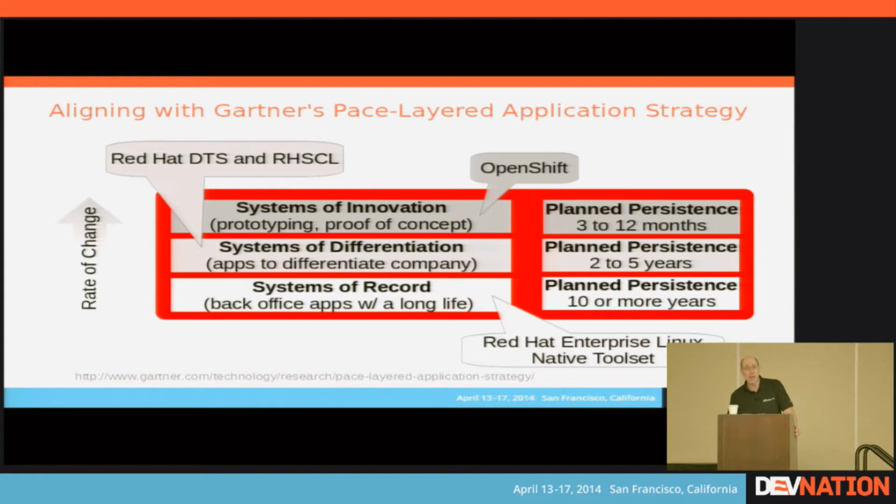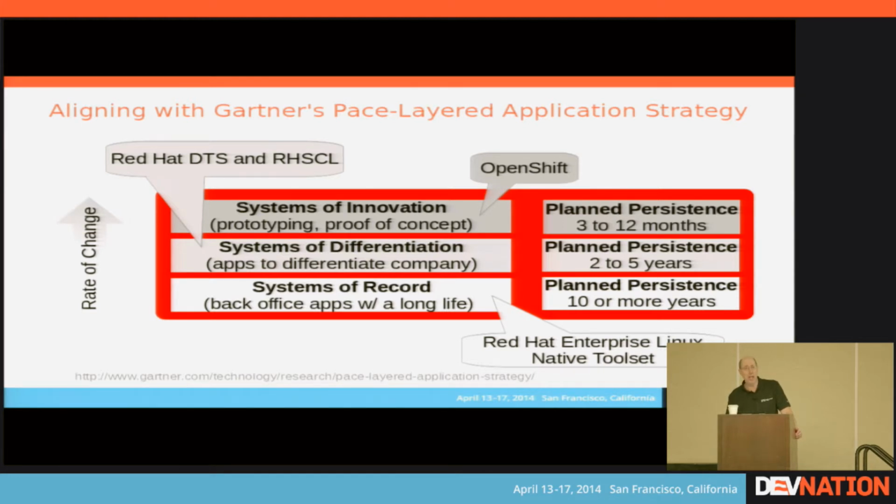I'm going to start by using a model that Gartner makes available called the Pace Layered Application Strategy. And I think this is a good way to look at the developer tools we make available for RHEL and understand where you use each one. If you look at the bottom row of this chart, you'll see what Gartner calls the systems of record. These tend to be back office applications, financial applications, long life applications.